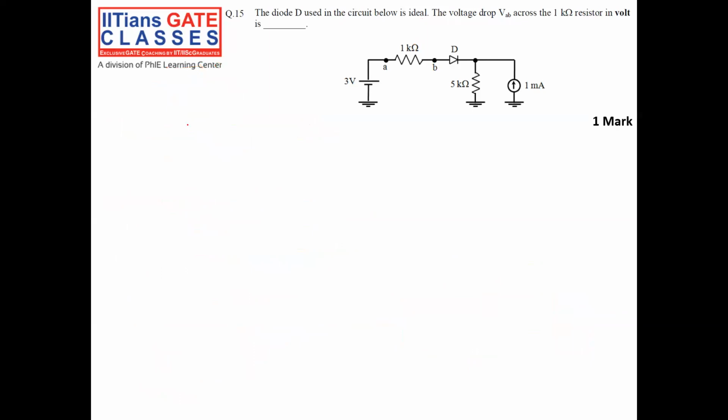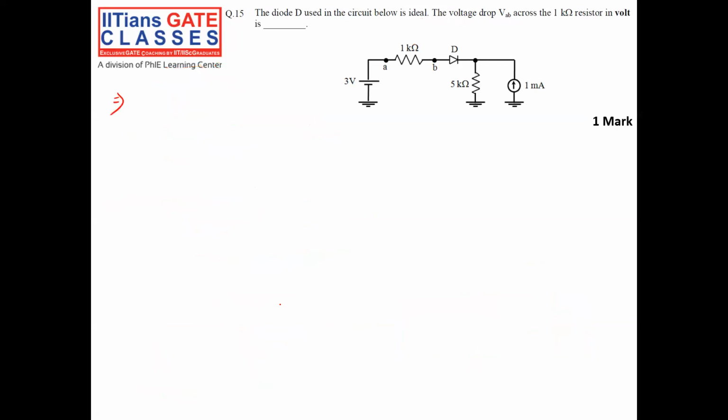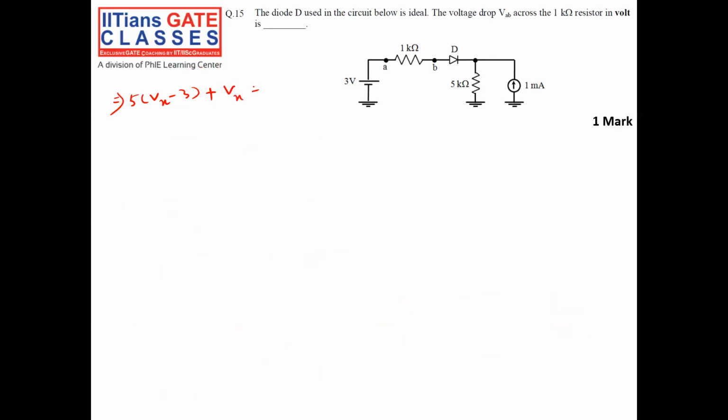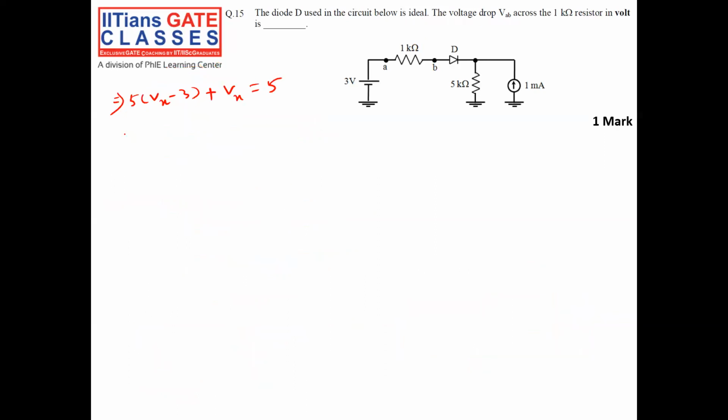Now let us simplify. If I multiply both sides by 5k, I will get 5 into (Vx minus 3) plus Vx is equal to 1 milliampere into 5k, which is 5. Simplifying, 5Vx minus 15 plus Vx, that is 6Vx plus 15, is equal to 5.